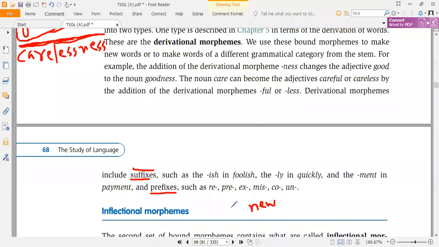If I add this, renew, you see this re, it comes before the stem. Now if I write renewed, he renewed the policy, okay. So now if you look at this re, can this re stand by itself alone? Re, if I write re, will it make any sense?